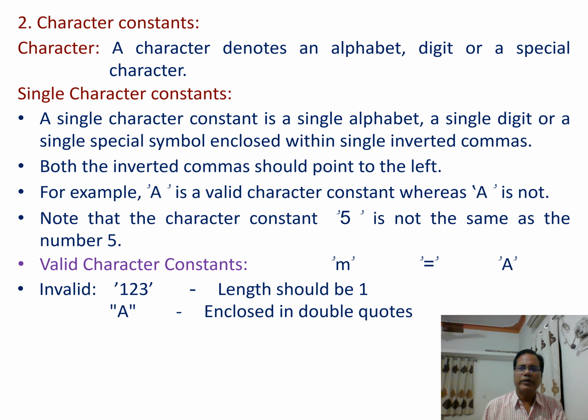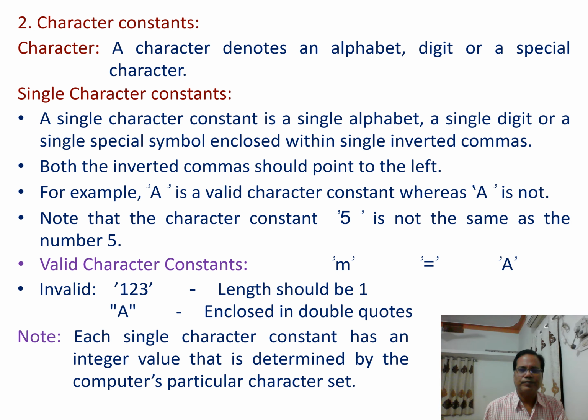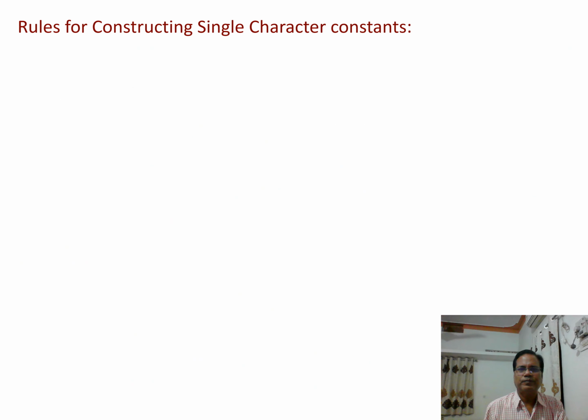Here 3 characters are included, so this becomes an invalid character constant. In the second example, although the number of characters is 1, it is included in double quotation marks, so this becomes an invalid character constant. Note, each single character constant has an integer value that is determined by the computer's particular character set.